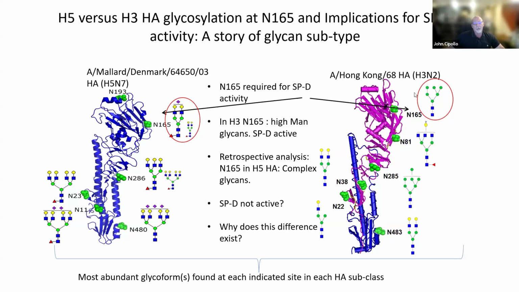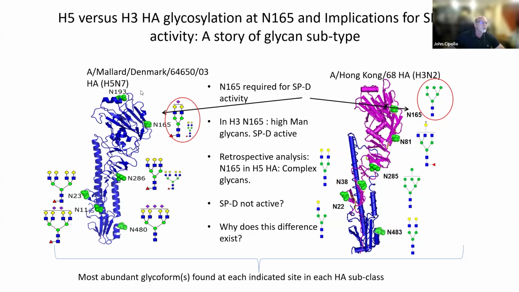We knew from our previous work and the literature that site 165 in the head of HA always, as far as people have revealed, has a high mannose glycan. Through Kevin Hartshorn and others, this was related to be a site where SPD interacts, around 2000.